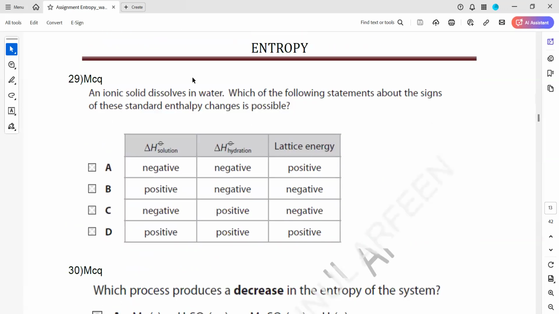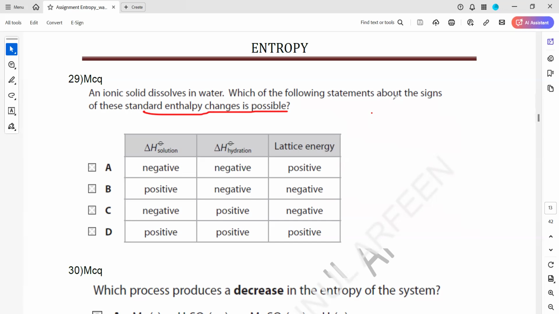Question 29, ionic solid dissolves in water. Which of the following statements about the signs of these standard enthalpy changes is possible? Ionic compound dissolves, and for a substance to be soluble, the enthalpy change of solution should be negative.